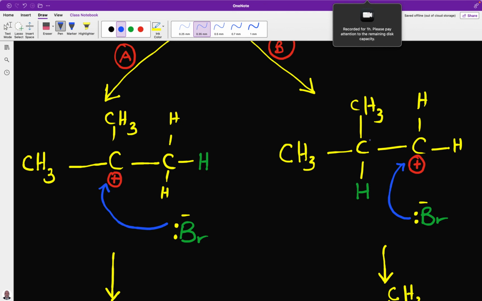But in this case, there's only one alkyl group donating here. Here there are three alkyl groups donating, this one donating, and this one donating. This reduces the charge density on the positively charged carbon, making this carbon energetically more stable than this one, where donation is coming from only one end.